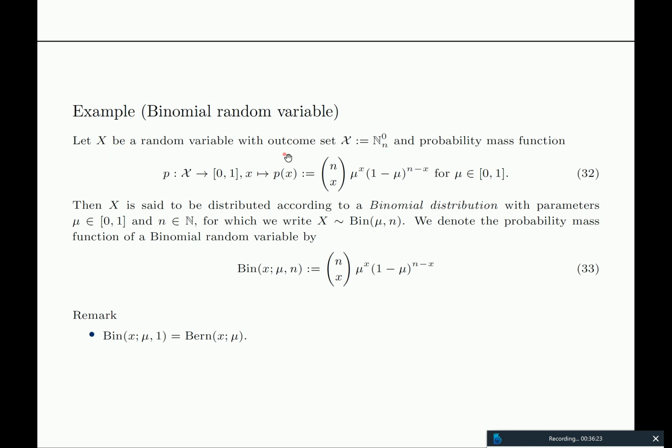The binomial random variable is the random variable with outcome set 0, 1, to n, and this probability mass function. It assigns probability to these values from 0 to n, and you compute it like this. We've seen that previously.